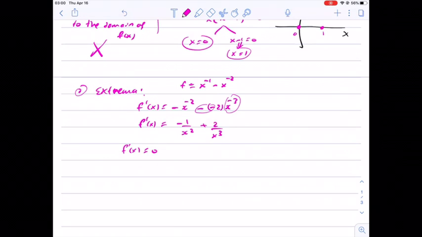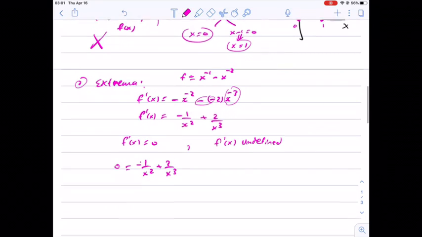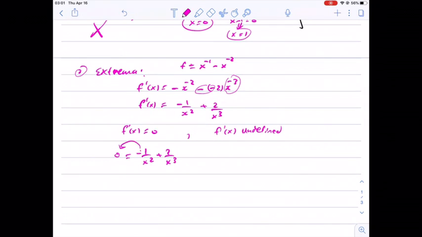In order to proceed, we need to set this equal to 0, and find where the derivative does not exist or is undefined. So f prime equal to 0, that means 0 equals negative 1 over x squared plus 2 over x cubed.